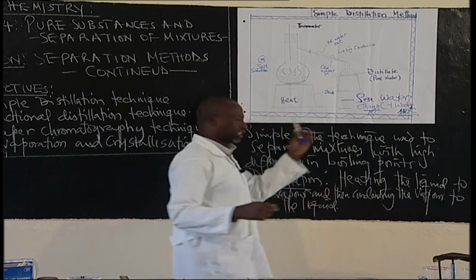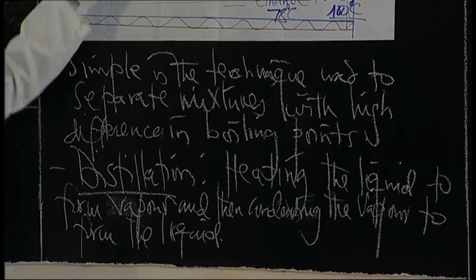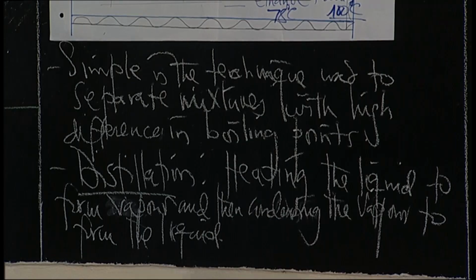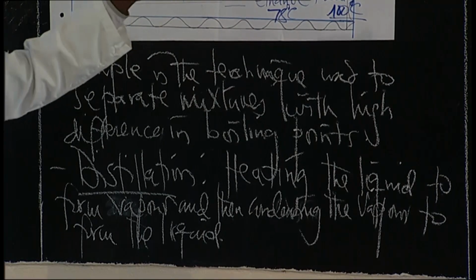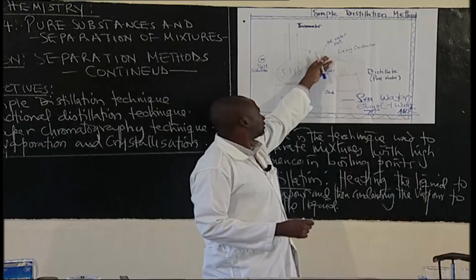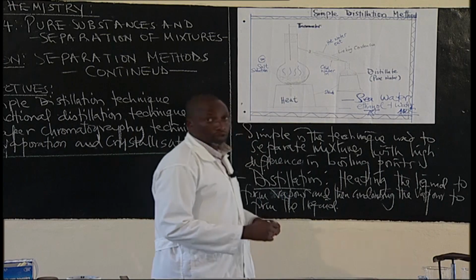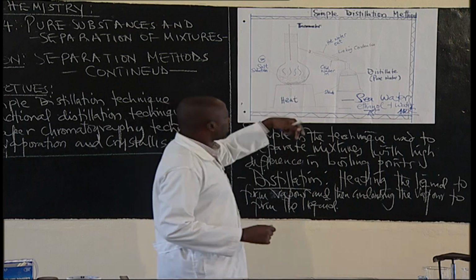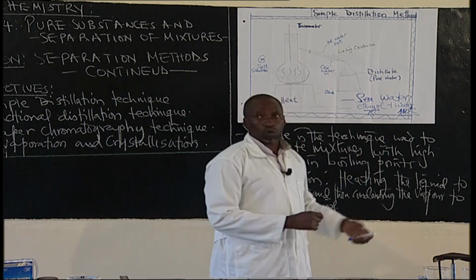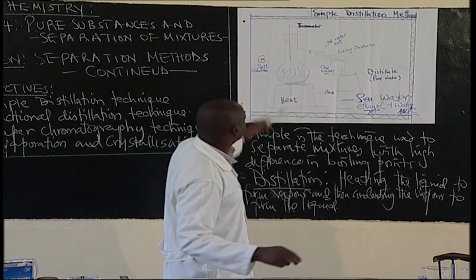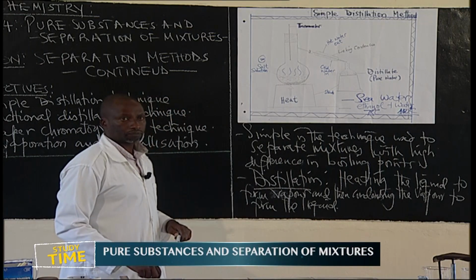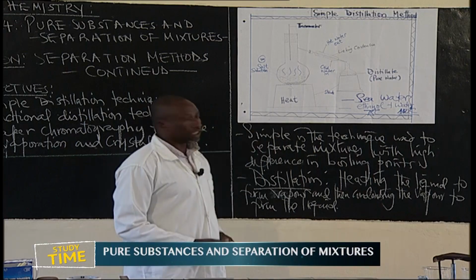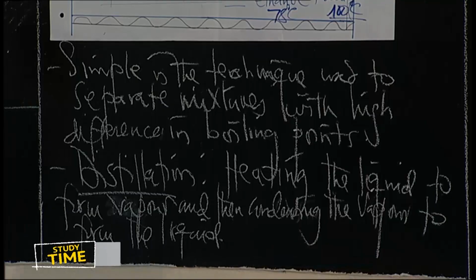You heat the liquid; here the mixture was in liquid form, which could be a solution. Then the water evaporates and is condensed. That is the purpose of this Liebig condenser. It is condensed and then collected as pure water, while the salt remains behind in the flask. So that is the simple distillation.